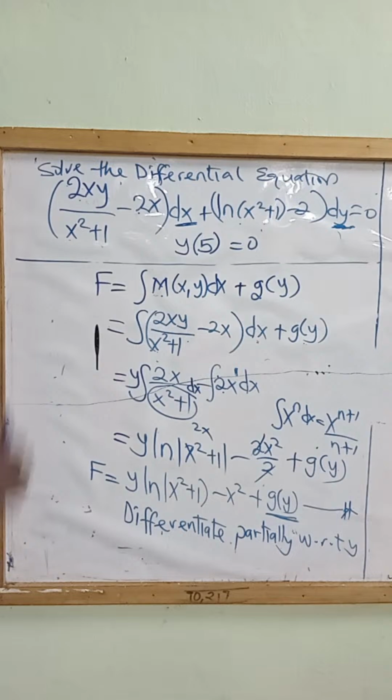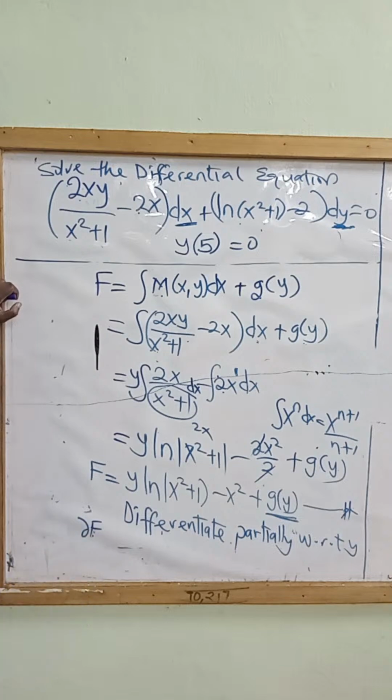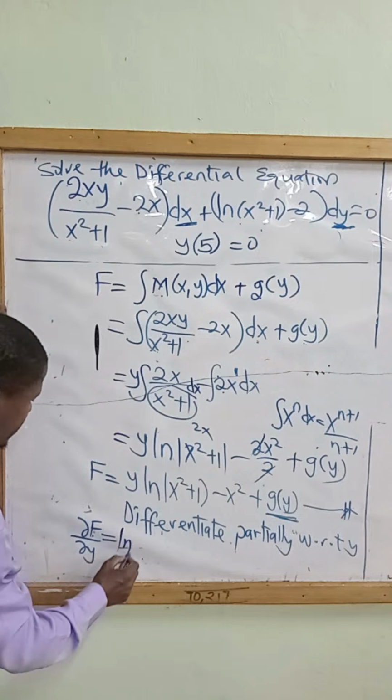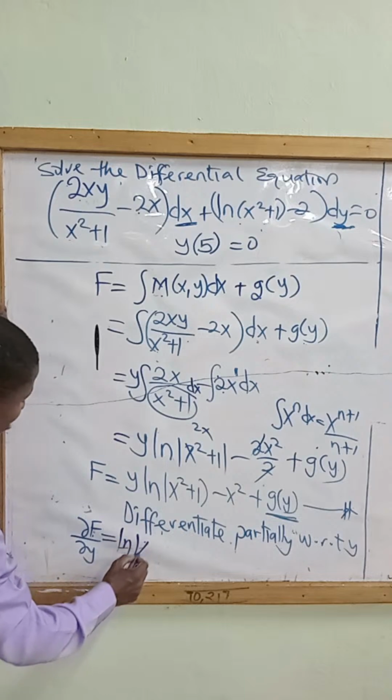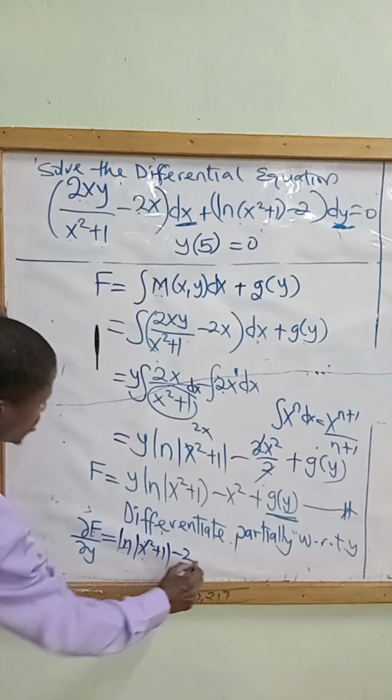So we are going to have the partial derivative of f with respect to y, and that is equal to n. My n is equal to the natural logarithm of x squared plus 1 minus 2. That's my n.